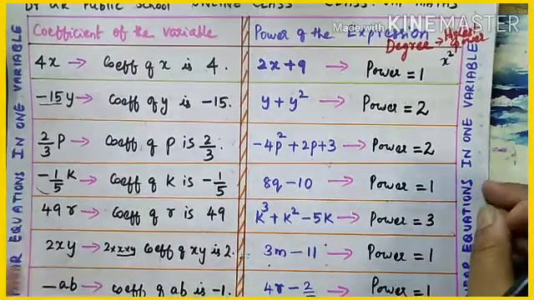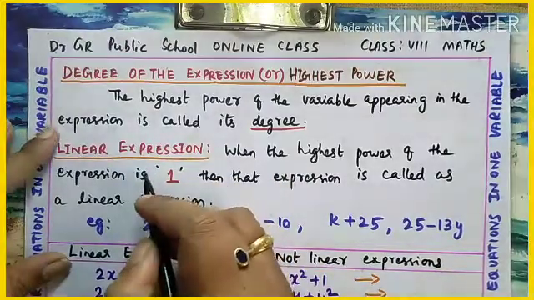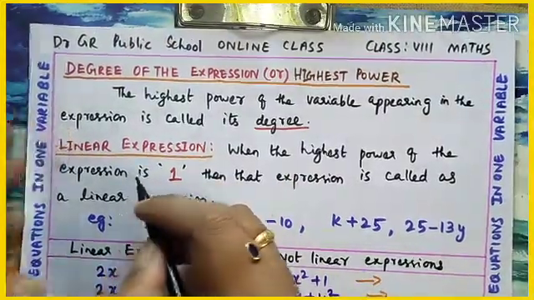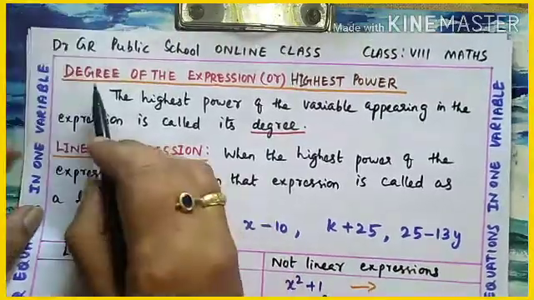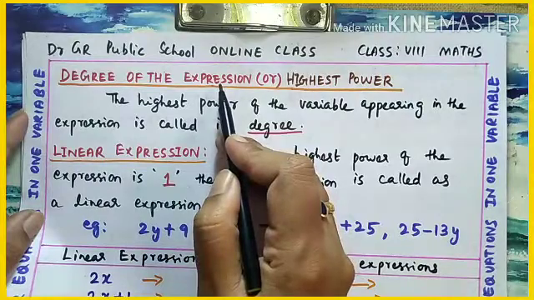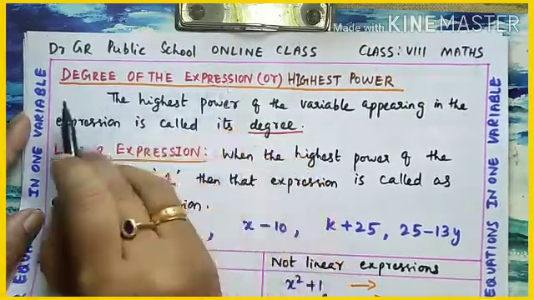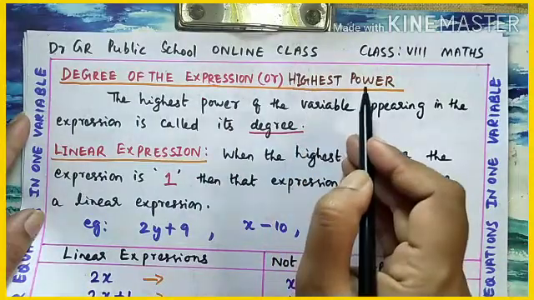Yes, now the next one. After studying the power of the expression, we are coming to the main thing I told you earlier: the degree of the expression. One expression will be given, and you want to find its degree. The other name for degree, as I told you, is highest power.